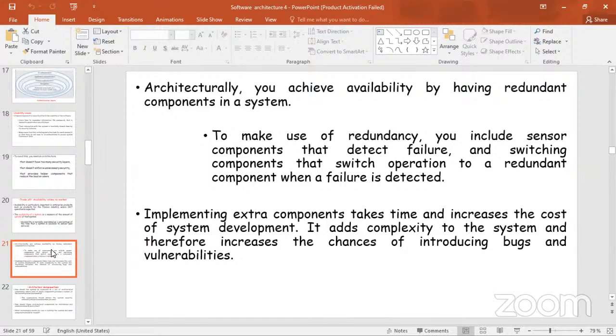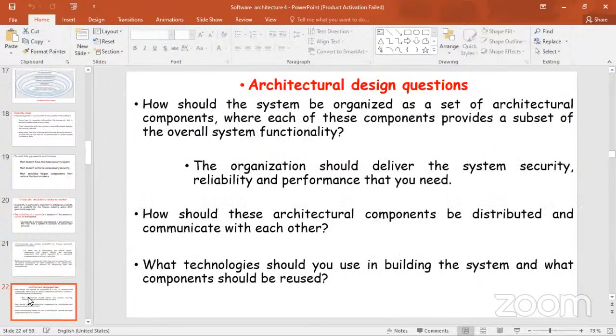And also to switch to another method of providing the same solution or near same solution that the main system is supposed to provide. Now, implementing extra components takes time and increases the cost of system development. It adds complexity to the system and therefore increases the chances of introducing bugs and vulnerability to the entire software.